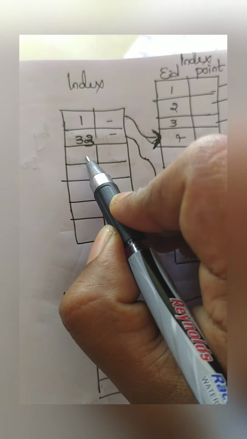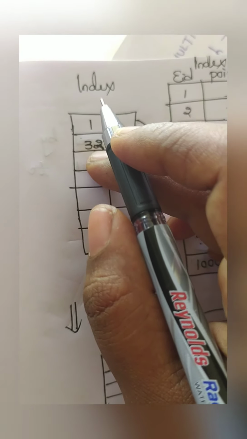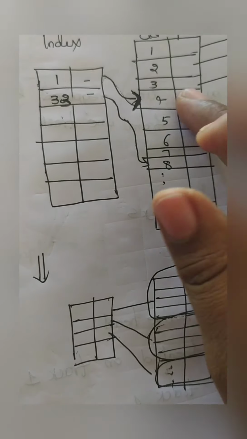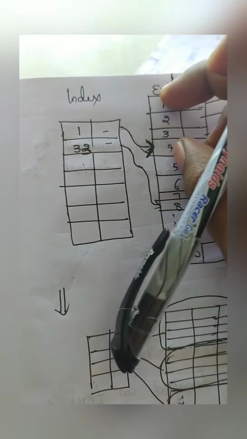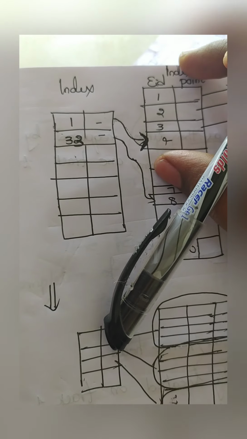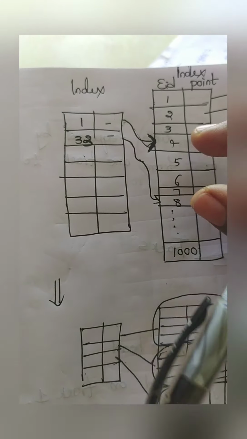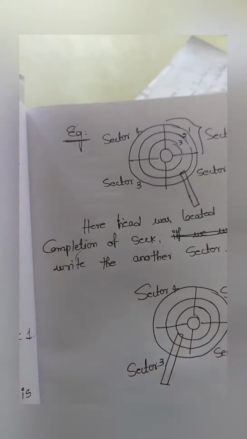Then 33 to 63 goes to the next 4 blocks. So from 1 to 32 the first 4 blocks will be there, then 33 to 63 another 4 blocks, and likewise we go on through the index.